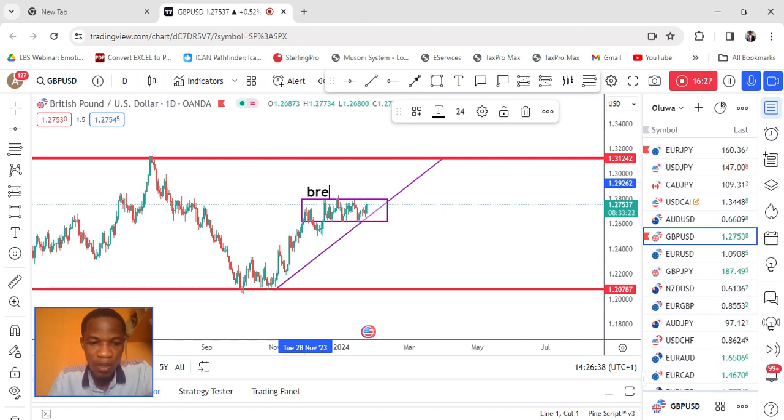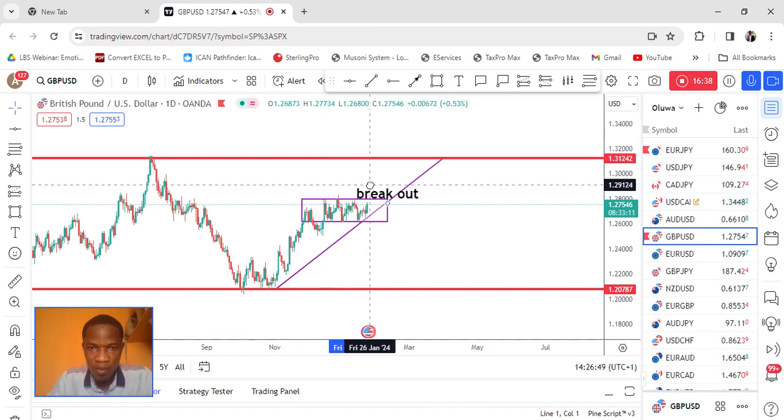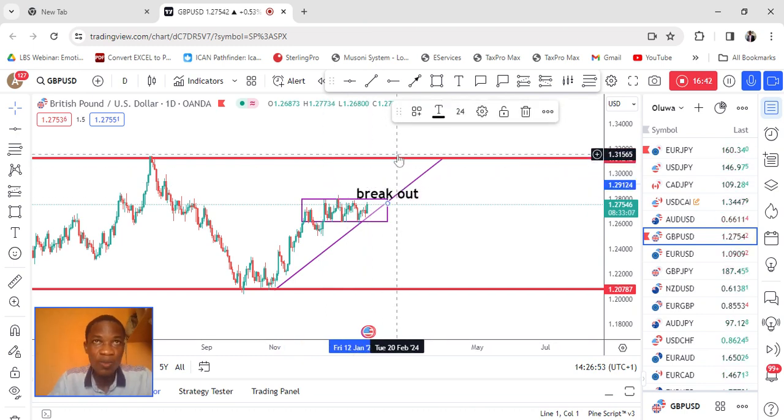So we are expecting a breakout to break this place and the market continues up.